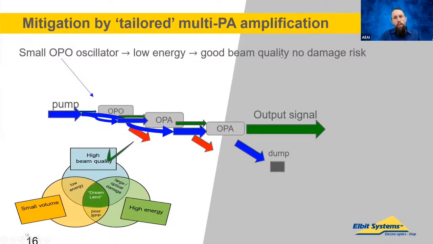With low energy, but with good beam parameter product, we are able to take this signal and feed it into an OPA stage, an optical parametric amplification stage.